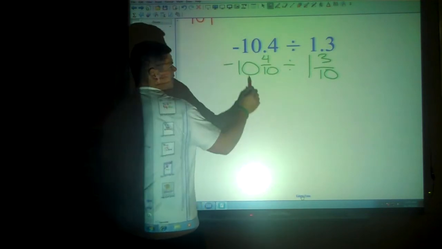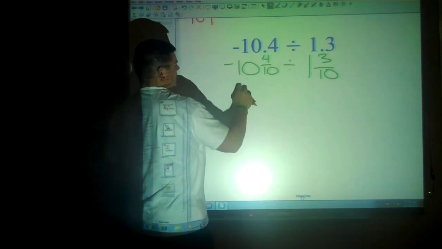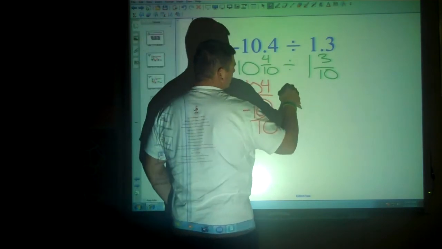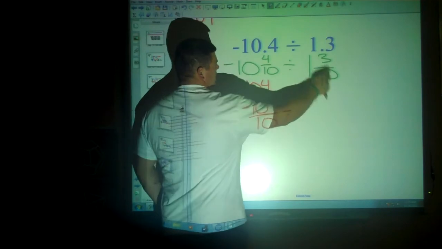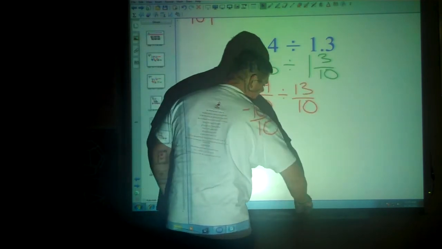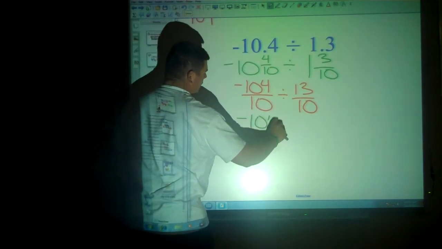Make them improper fractions. 10 times 10 is 100, plus 4 is 104. So we have negative 104 over 10 being divided, or we'll do division for right now, by 10 plus 3 is 13/10. Now, instead of dividing, you will multiply by the reciprocal.